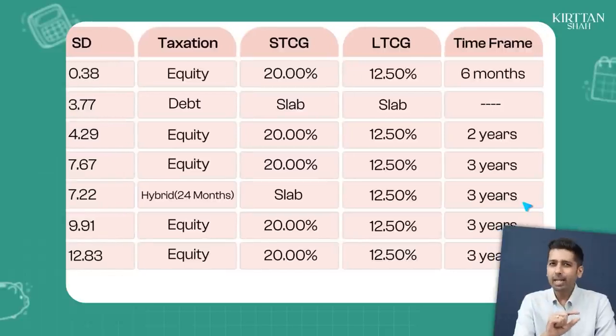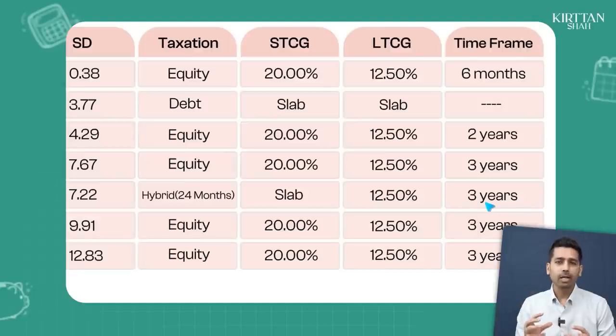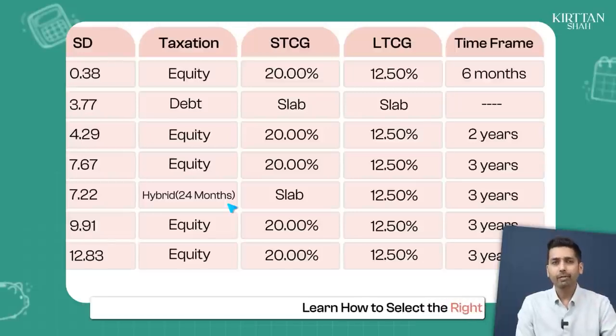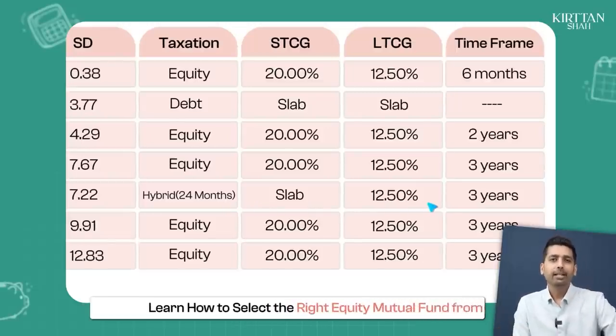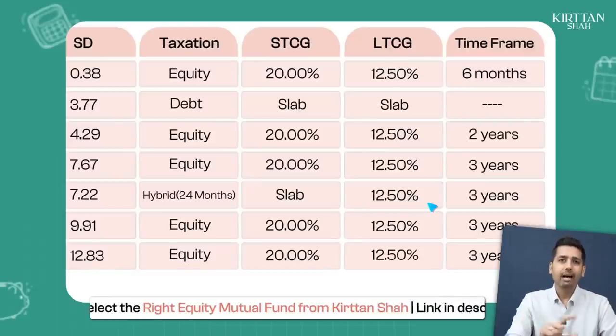The only disadvantage of multi-asset fund here, in my opinion, is that if your fund manager is active and is going to take positions in gold and silver, then the taxation to you is hybrid, which means that you will have to stay a minimum of 2 years in the multi-asset fund for you to get 12.5% as taxation, which is the equity taxation, which the BAF generally gets after 1 year.